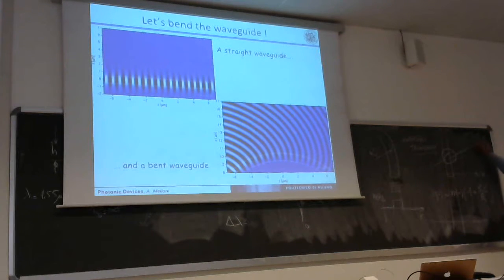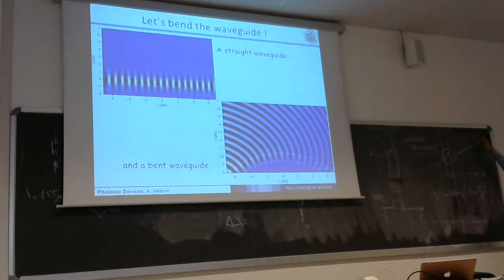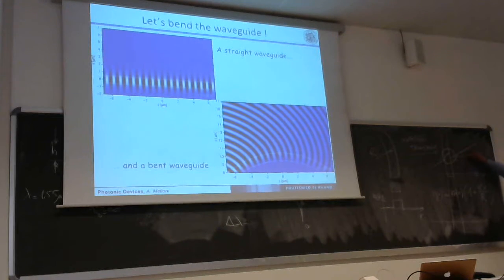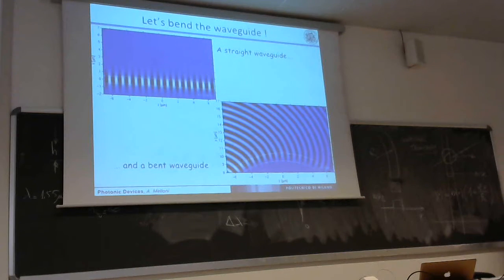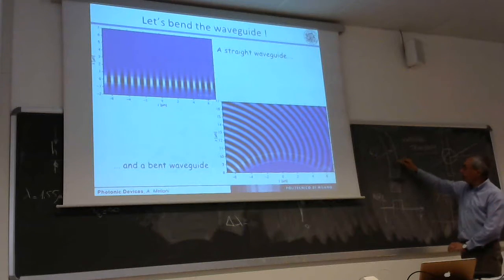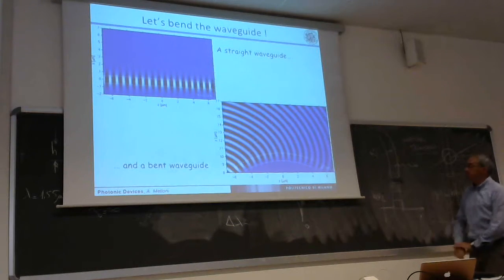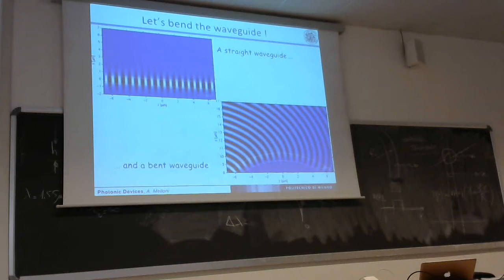So this part is a waveguide. So it tends to attract the light toward the external part. That, if we go back to our original problem, is the light that tends to abandon the waveguide and exit.